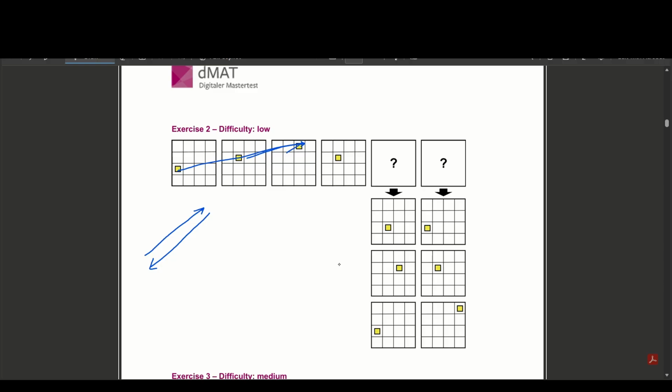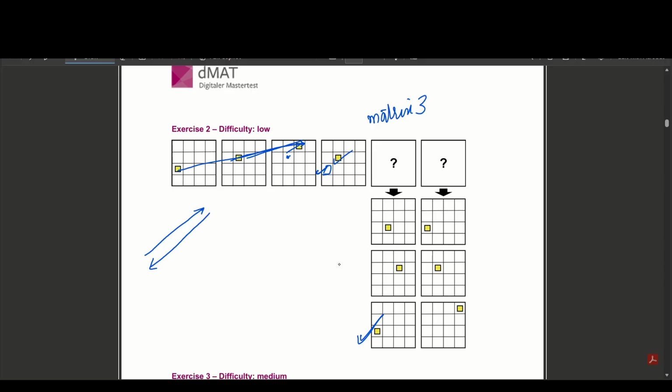So from here it will go here, and then it will go here. When it comes back again, it will go here. So this is the answer for the matrix. Answer for this figure, this box is matrix 3.